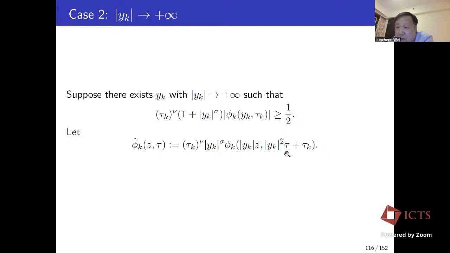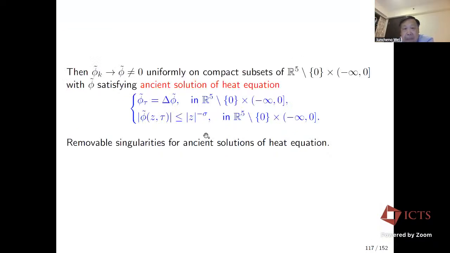So you get tau will go to minus infinity. And this is important: yk squared is much smaller than tau k. So when you take a limit, tau goes to minus infinity. You have an ancient solution. So you do this scaling and you do the classical convergence, and what you get is an ancient solution to the Hardy equation, but with a singularity.